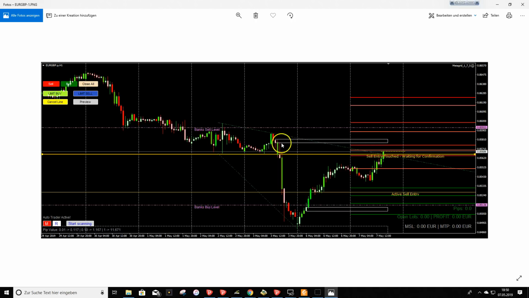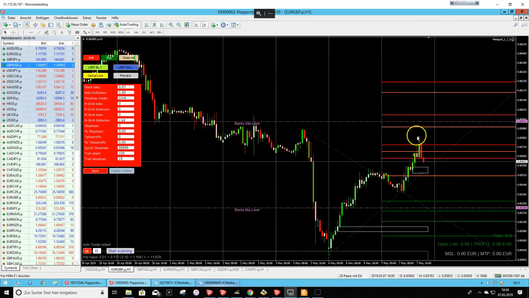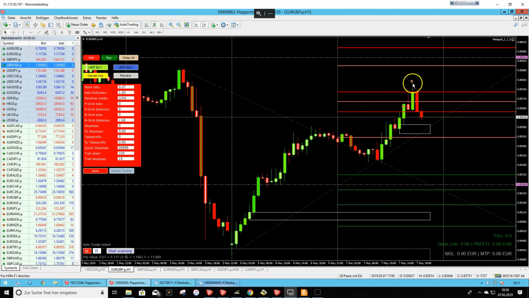So this was the reason I used a 13 pips difference between every grid, so that I get the first additional scale-in here. And you can see it was the perfect place. This was then the second entry. It was the first grid line it hit, in the middle of the H1 supply zone. And you can see exactly then the price was going down. It was the perfect second entry.